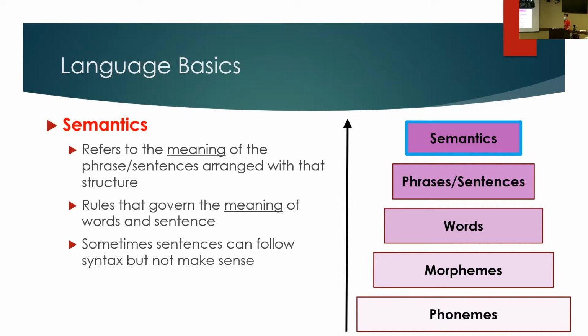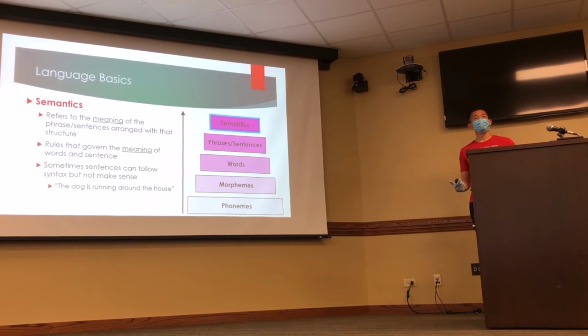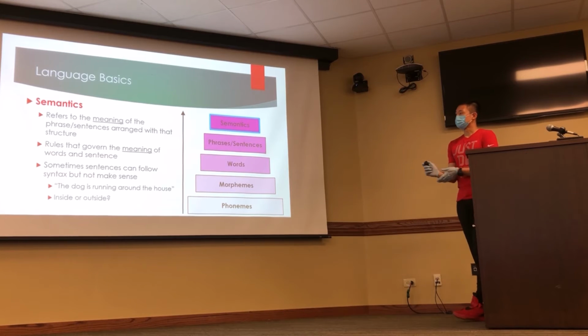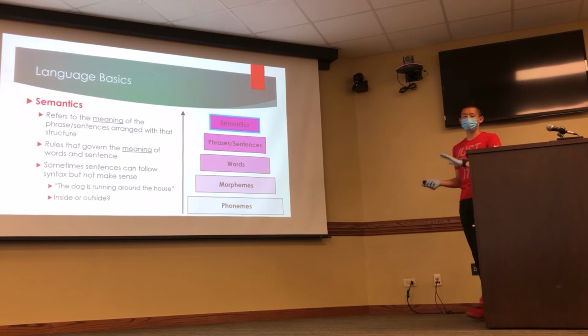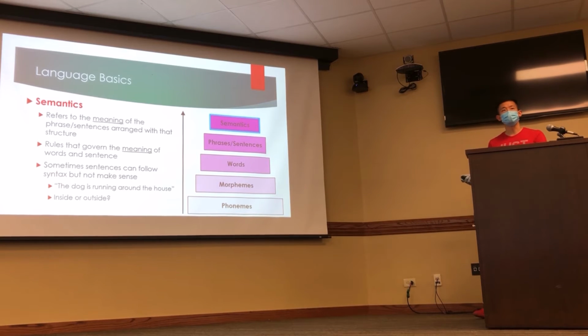Okay, I'm gonna show you one example here. So the dog is running around the house. But now do you imagine the dog is running around inside the house or around outside the house? Right? Can be either, right? So that explains sometimes we have different meanings, different interpretations with one sentence.